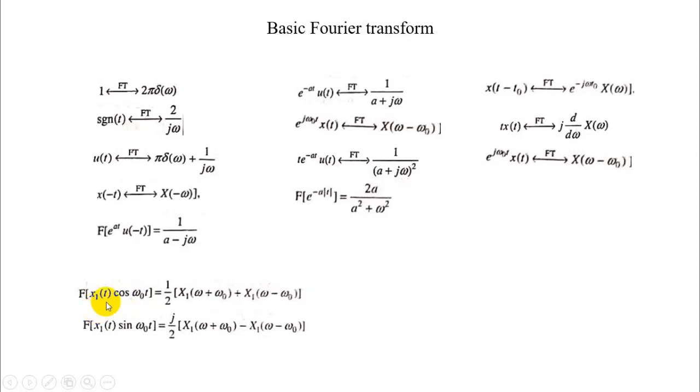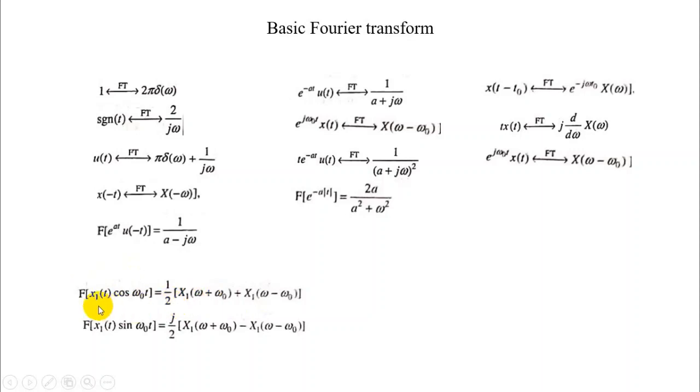That means x1 of t would be any signal or function which is multiplied with cos omega naught t, and if we have to transform these, then we can put them in separate terms and after placing them, just sum them up.